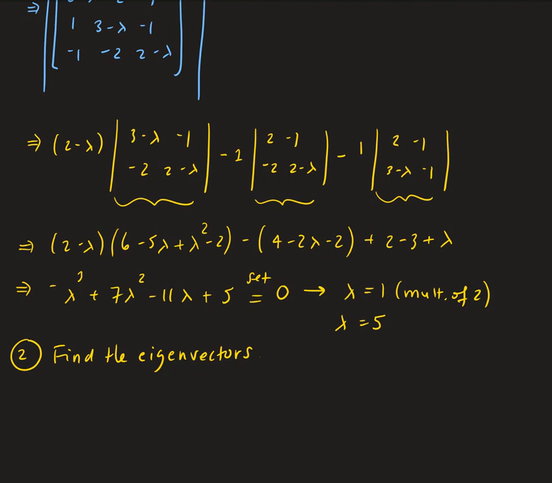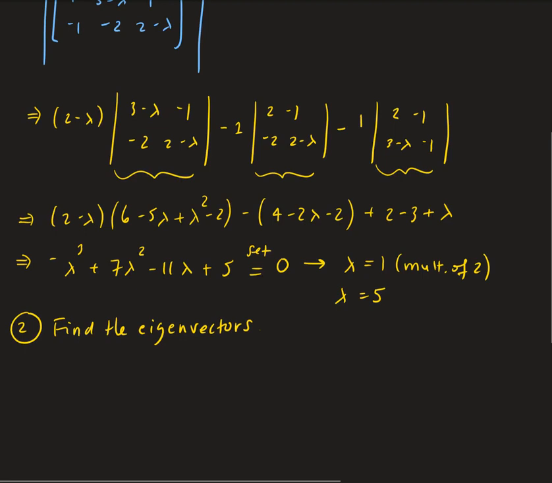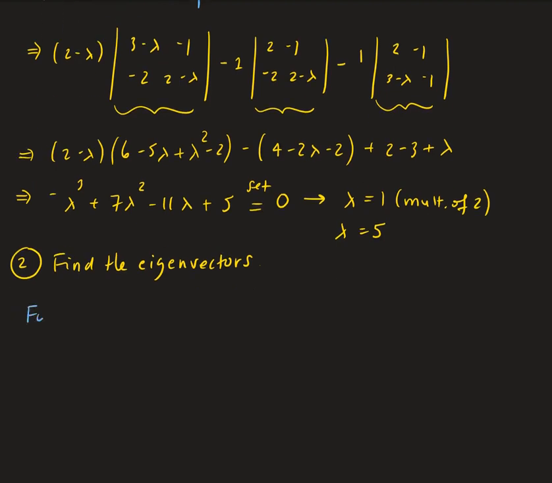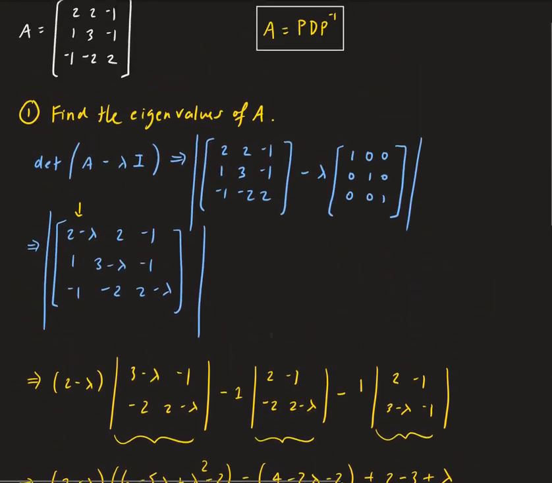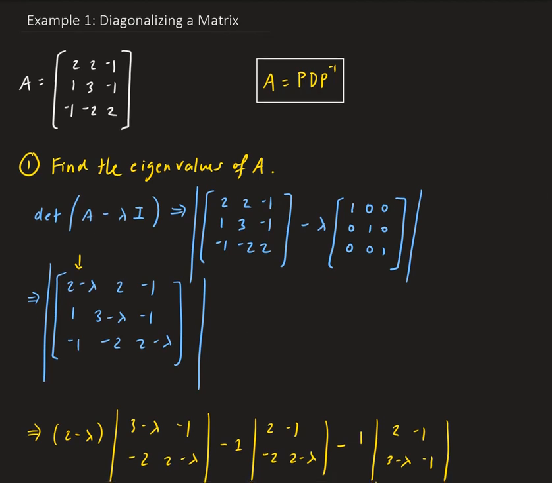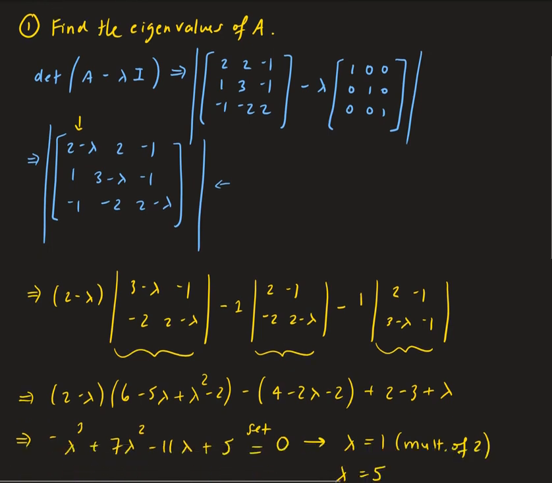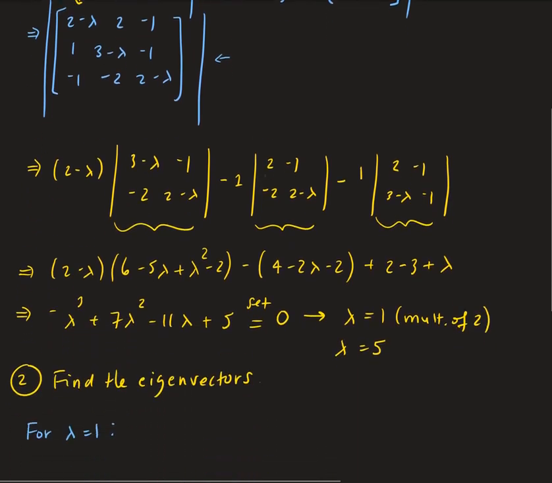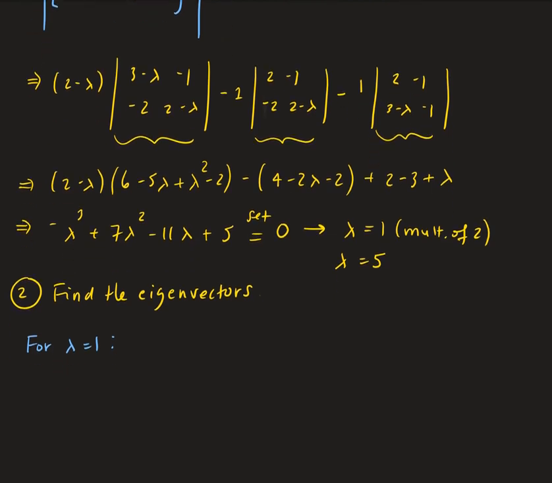All right, so let's start with lambda equals 1. We have to substitute this back into here. So we're going to get 1, 2, negative 1.